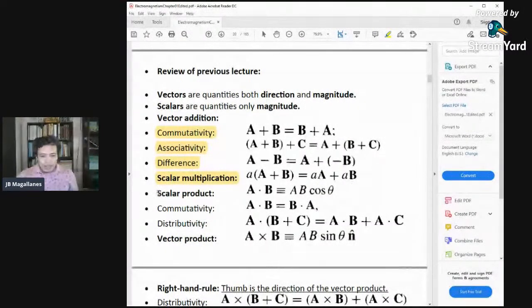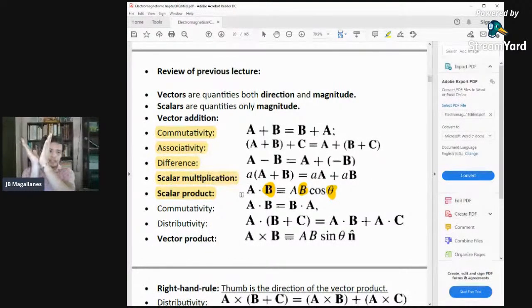We also had in the previous lecture the scalar product, and scalar product is just equal to A dot B. This is just equal to AB cosine theta. A is the magnitude of the vector A here, and B here is the magnitude of the vector B. The theta is the angle between the two vectors if they are connected tip to tail.